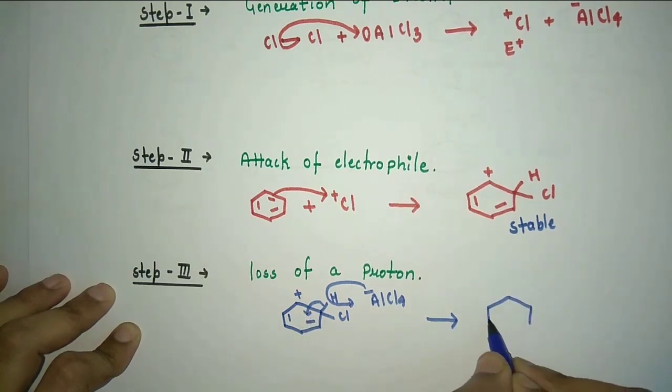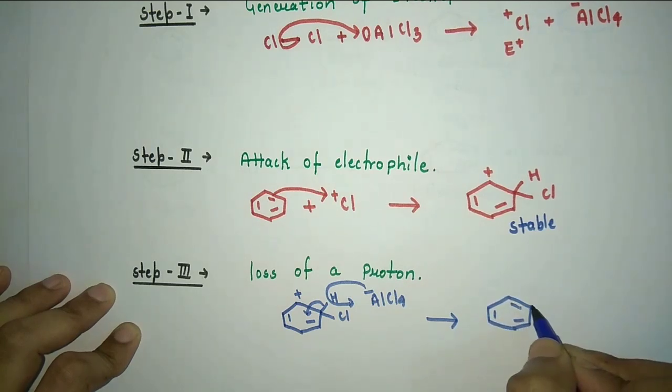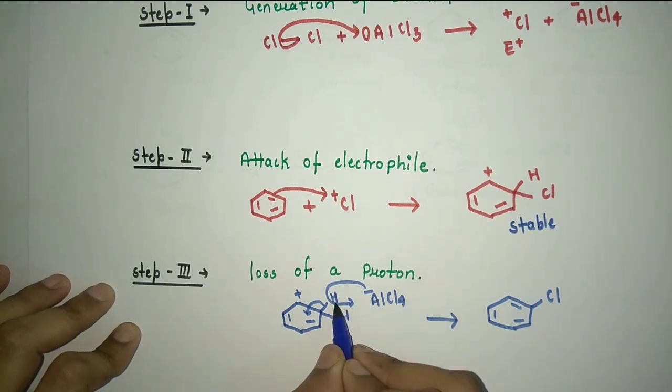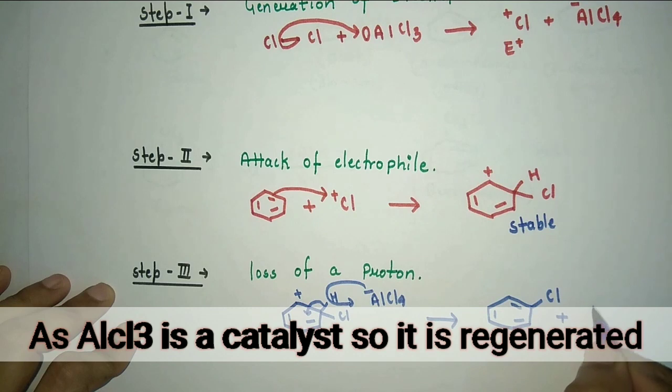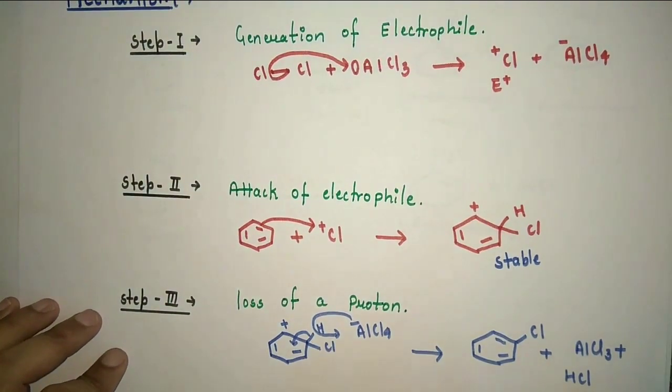As a result, chlorobenzene is formed, and AlCl4 minus abstracts a proton to form AlCl3, and HCl is released. This is the overall mechanism of halogenation of an aromatic ring.